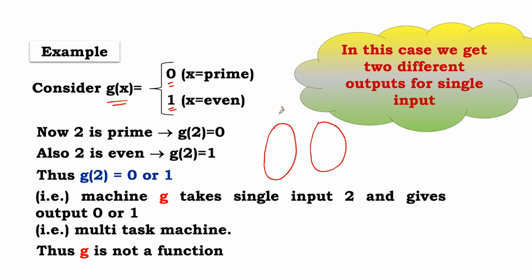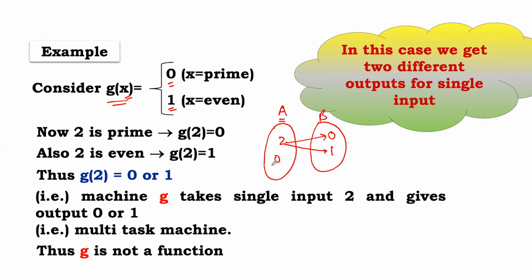So what input I'm giving, say this is A, and what I'm getting as output is B. Like the first number, if you are putting x equal to 2, since 2 is a prime number, you will get the value 0, as well as 2 is an even number, so you are getting 1, right?